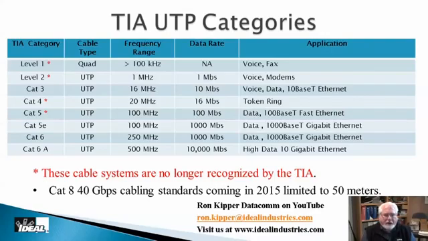Then Category 5 wire comes out, and it was designed to support 100BASE-T Ethernet systems, which are the next rung up the ladder for Ethernet. So we went from 10 megabits per second to 100 megabits per second, at 100 megahertz in frequency. So the pipe significantly got bigger over Category 3.